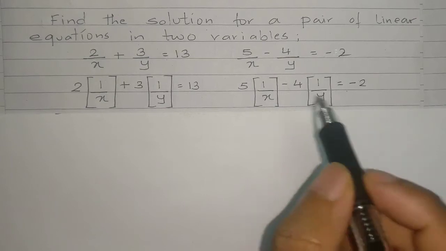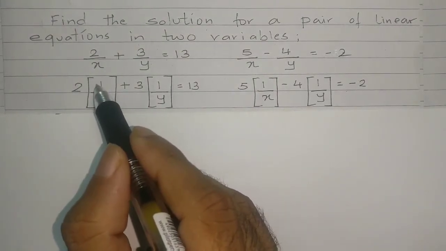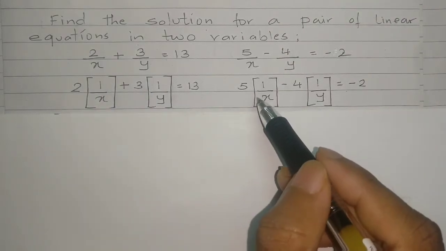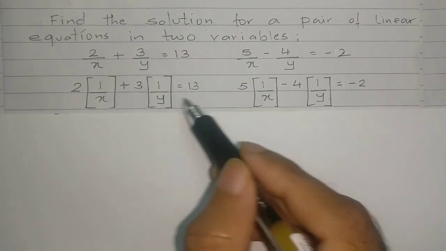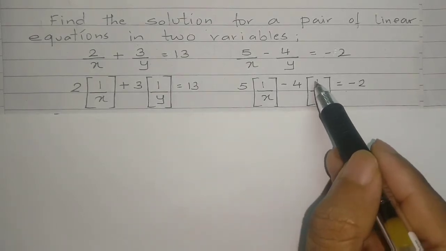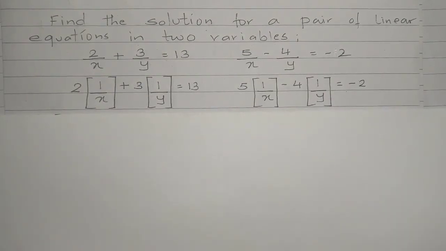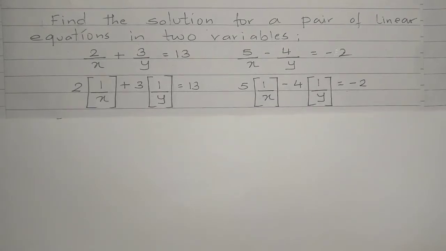Now if you notice, I have 1 upon x in this equation and 1 upon x in this equation as well. Similarly, I have 1 upon y and here also 1 upon y. Why not, instead of complicating it this way, let us change that 1 upon x to something simpler.